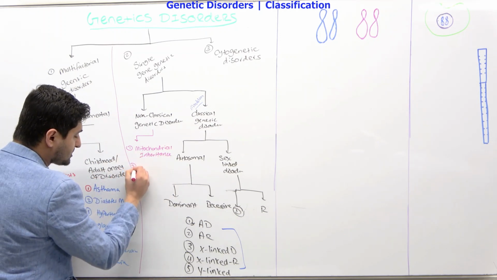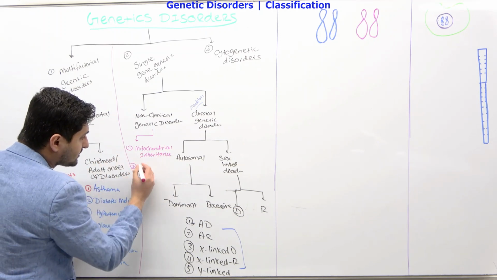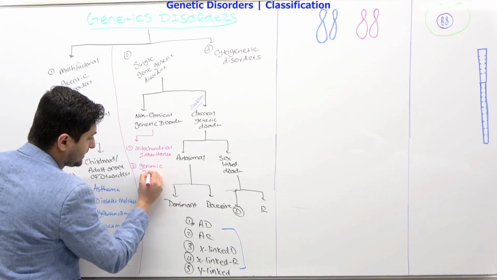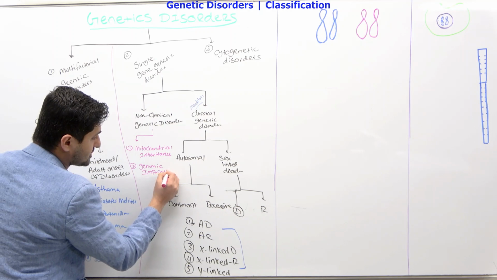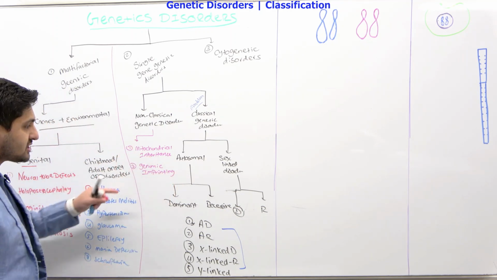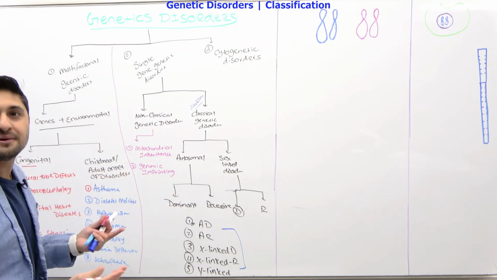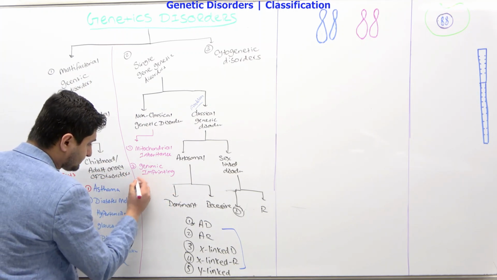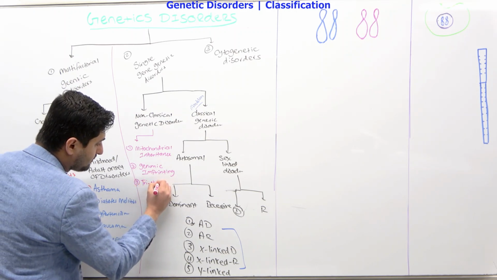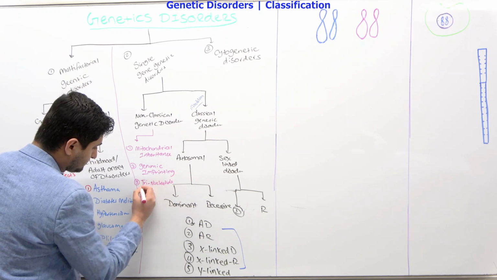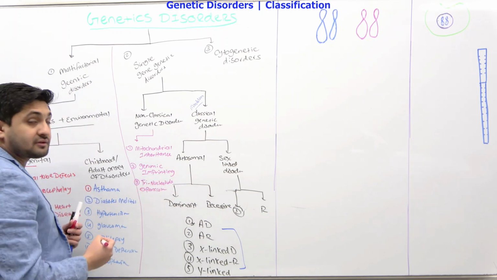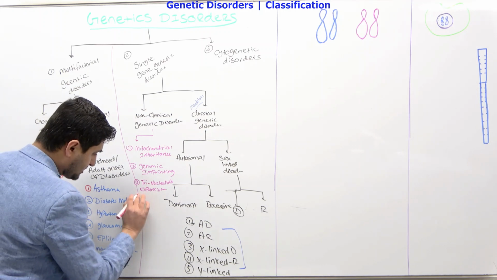Second one, you also have to remember that there's something called genomic imprinting. This is also another disorder, and you have to remember all these disorders, and we'll talk about each one of them. But right now, we're just listing all the diseases because we're trying to build the foundations, your basics. Third, you also have something called trinucleotide expansion disease.